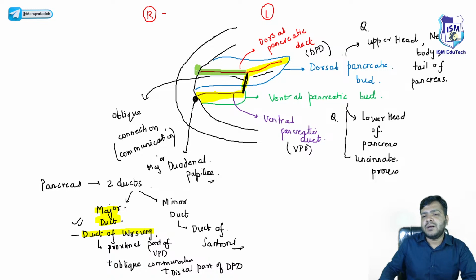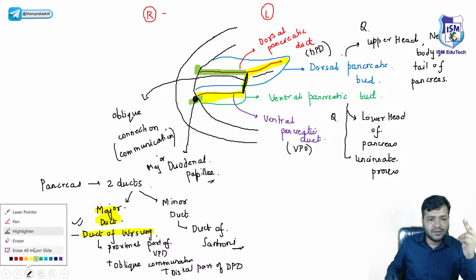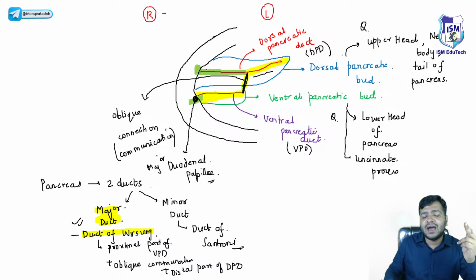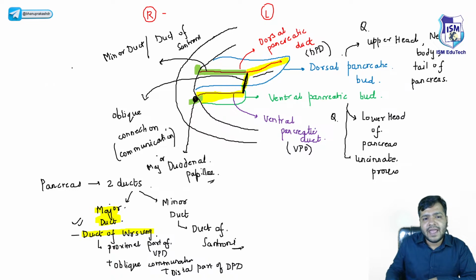This will also open into the duodenum only, just 2 or 2.5 centimeters above this major duodenal papilla. So that is the minor duct, or we call it the accessory duct, or duct of Santorini. Accessory means extra. Okay, the duct of Santorini, or the accessory duct of the pancreas.